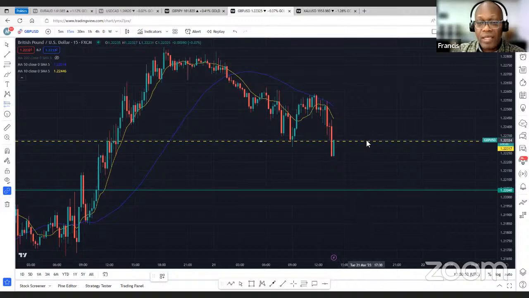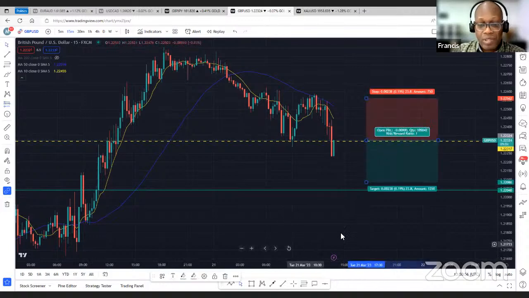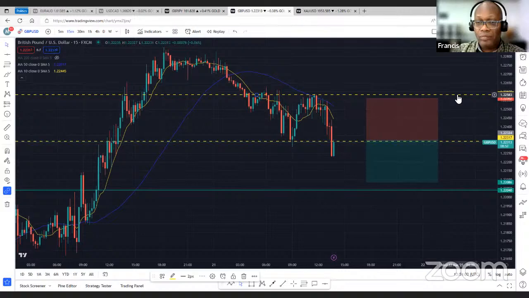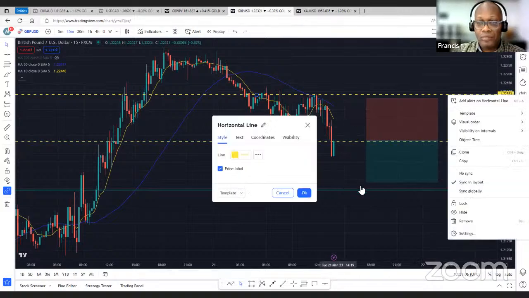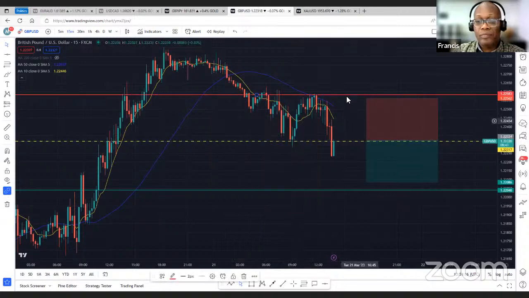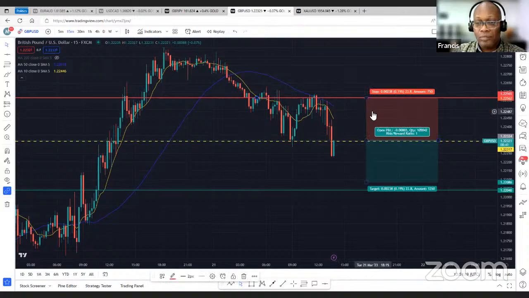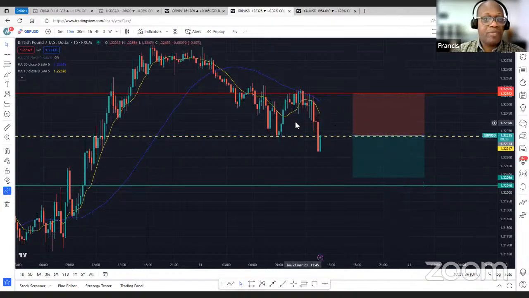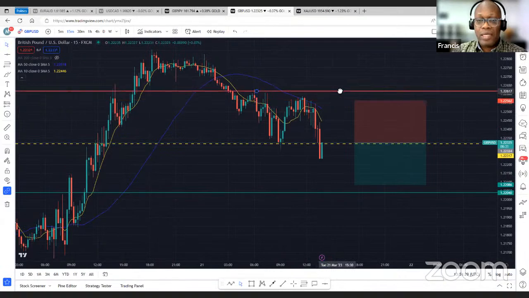If we're to sell it here, place your stop loss. Where are you? Okay, so you can see it's going to be fewer pips now than we had. Let's take it higher.